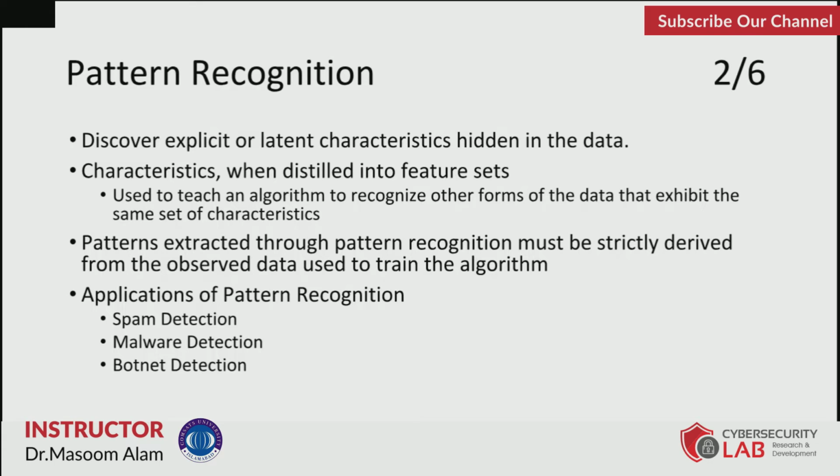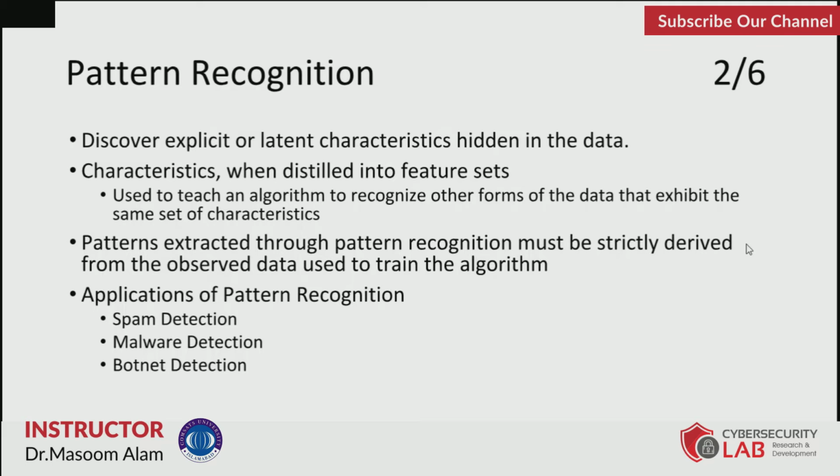The second thing is that once you have those characteristics and we distill them into a set of features, we use these features to teach an algorithm to recognize other forms of data that exhibit the same set of characteristics.